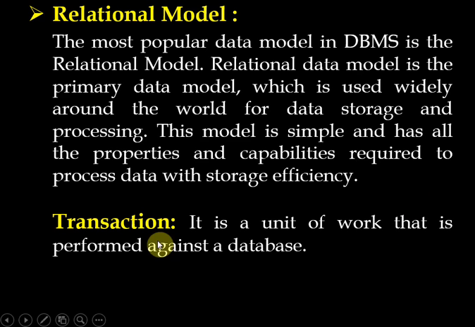Now let us see what a transaction in the database is. It is a unit of work that is performed against a database. For example, if you are creating a record, updating a record or deleting a record from the table, then you are performing a transaction on that table.